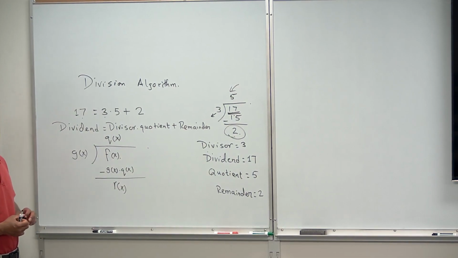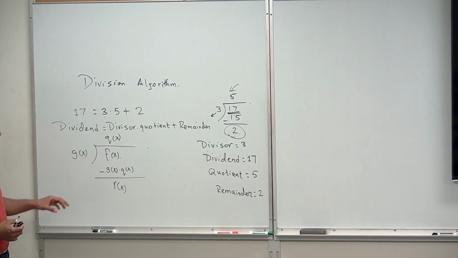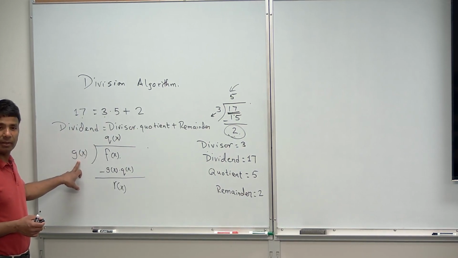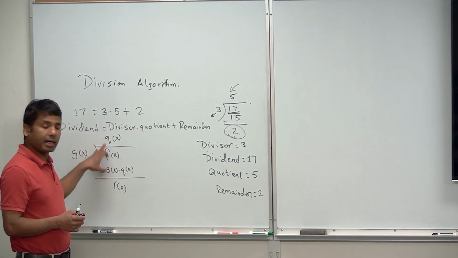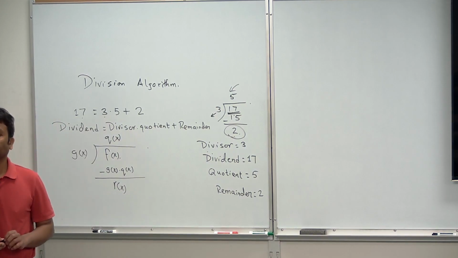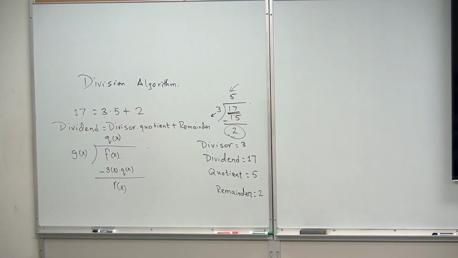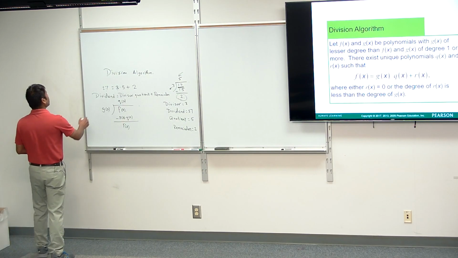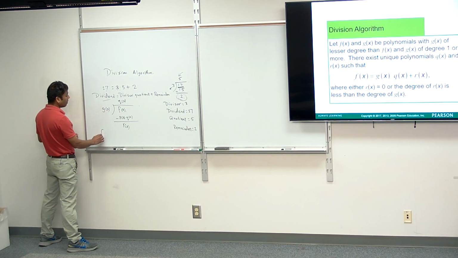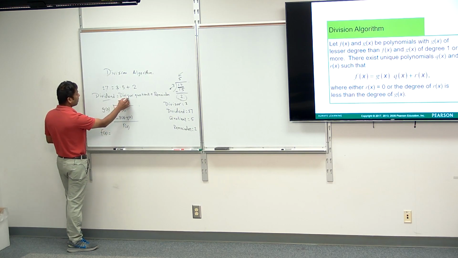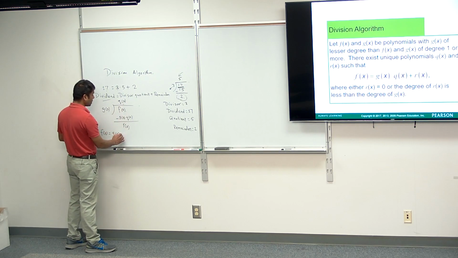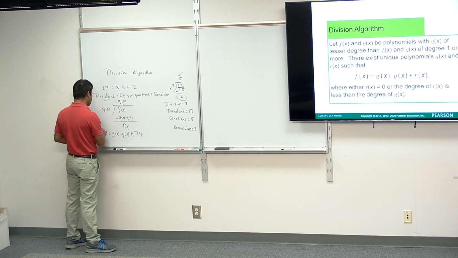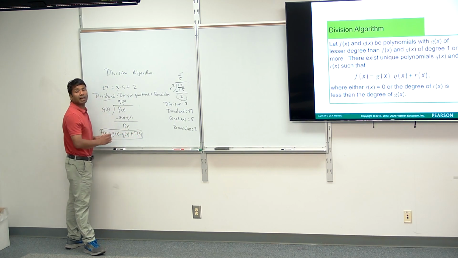So f(x) equals g(x) times q(x) plus r(x). This is the division algorithm.